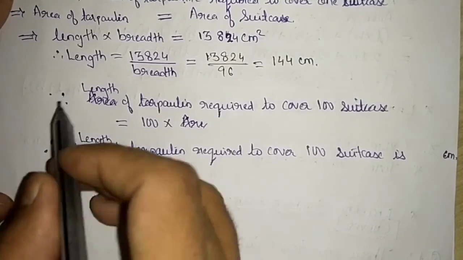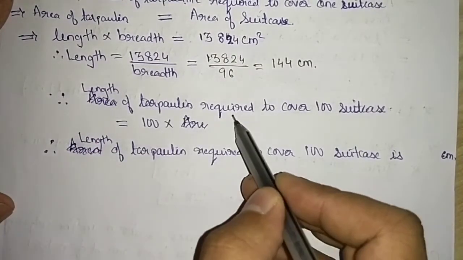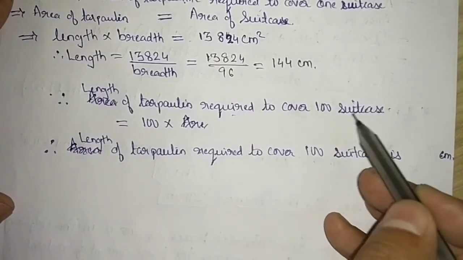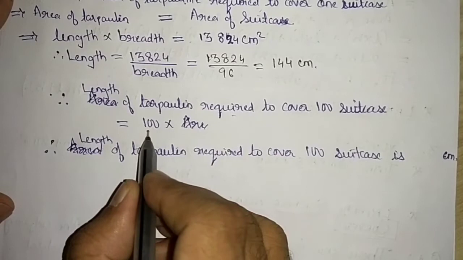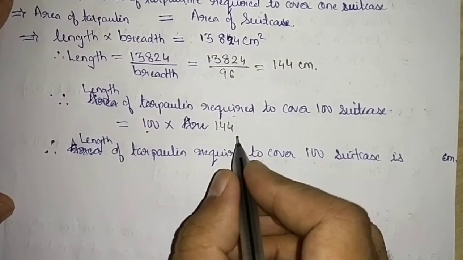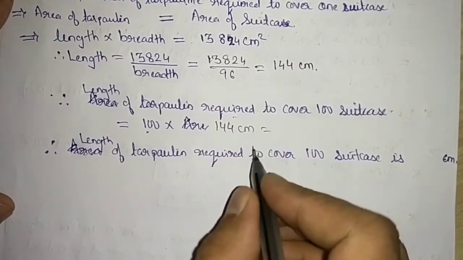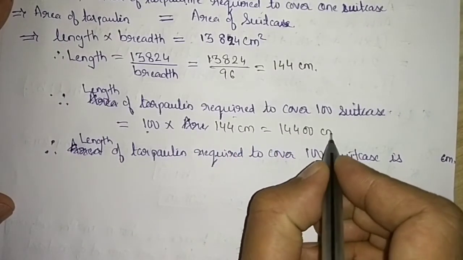So we write: length of tarpaulin required to cover 100 suitcases is 100 into that length, 144 centimeter. So it will give me 14,400 centimeter.